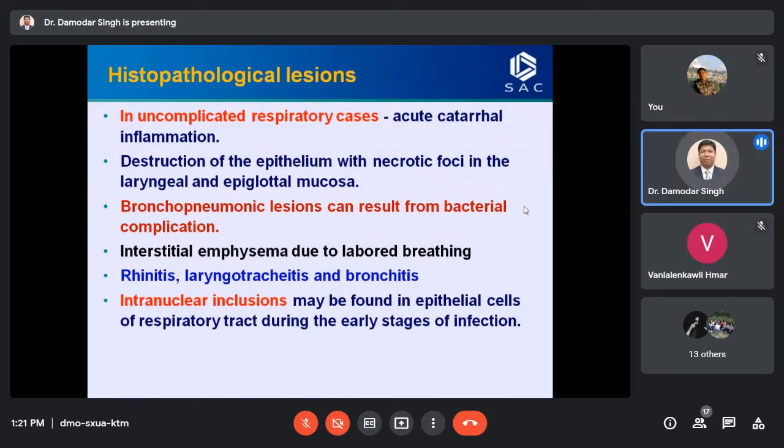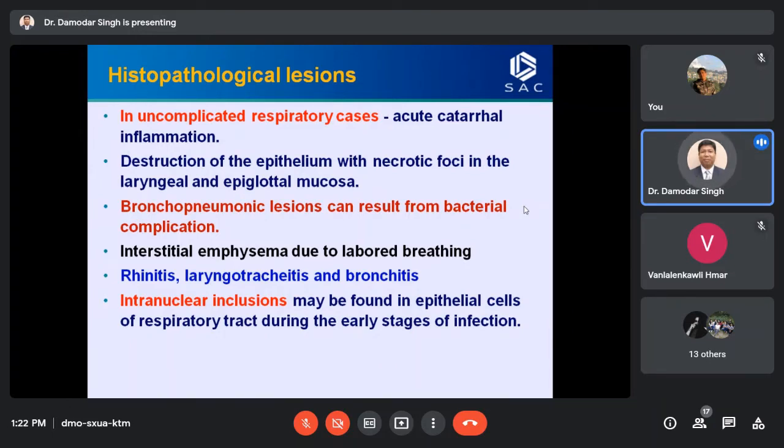Then, histopathological changes in uncomplicated respiratory cases. That means when there is no secondary invader, only bovine herpes infection, you may have an acute catarrhal type of inflammatory reaction, where destruction of the epithelium with necrotic foci in the larynx as well as the epiglottal mucosa may be observed.